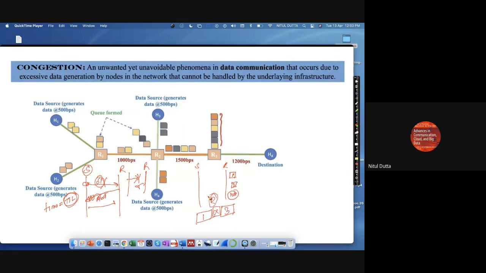So it will inform the source. This is called negative acknowledgement, asking to resend packet 2, right? So there are many different methods, and they are discussed under the concept of flow control, and flow control will in turn help control congestion.